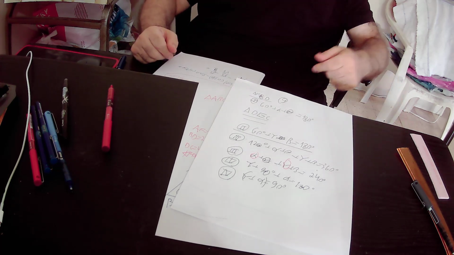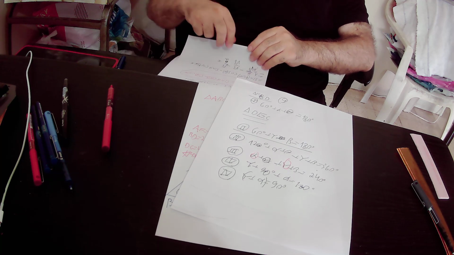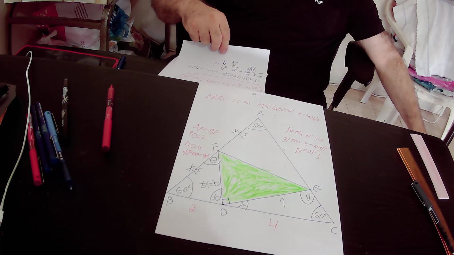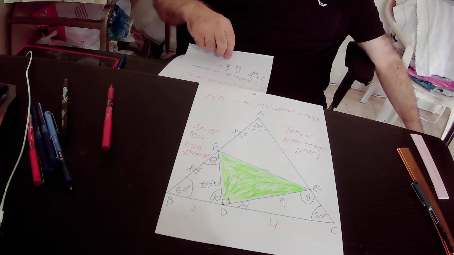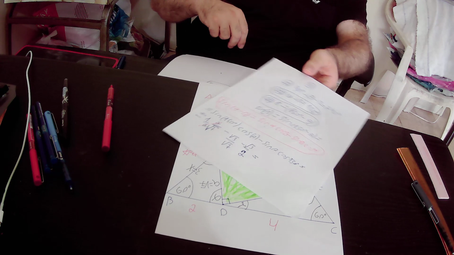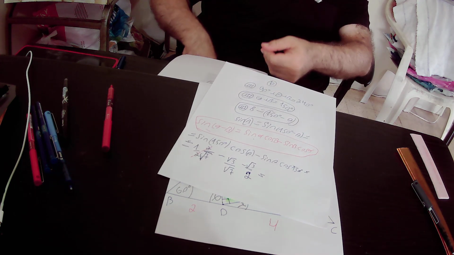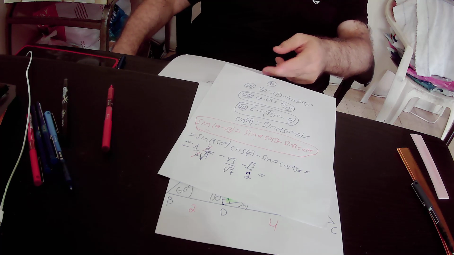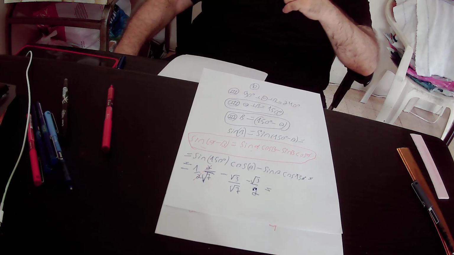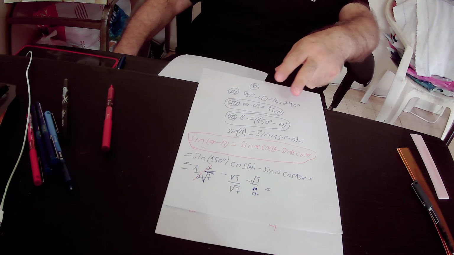From these 4 equations, we found out that the value of beta equals 150 degrees minus theta, and if beta equals 150 degrees minus theta, then sine beta will be equal to sine of 150 degrees minus theta.